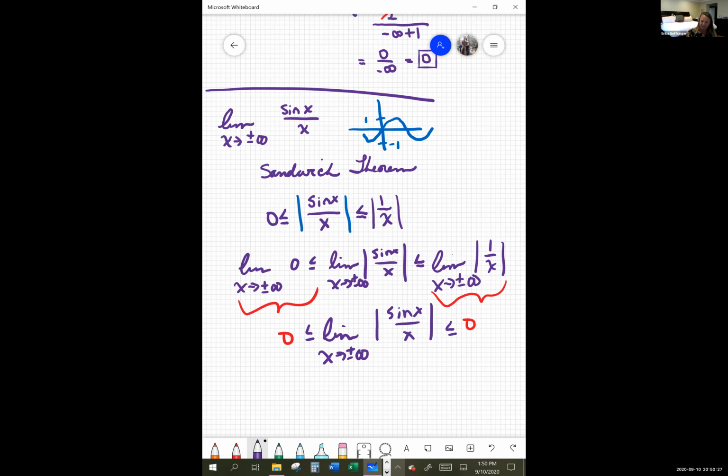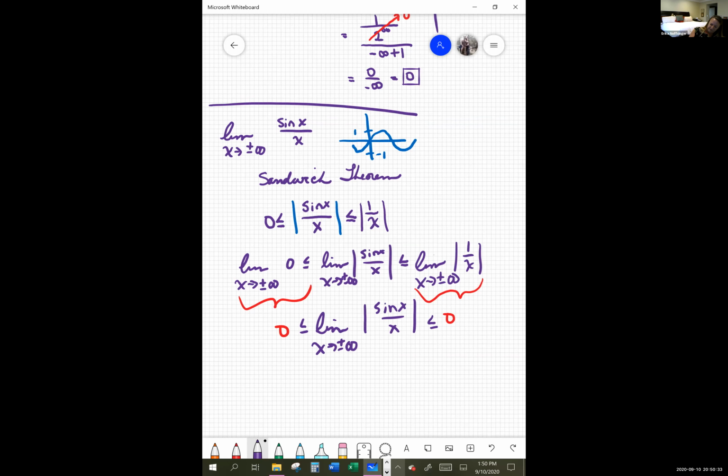And so we can say that this limit here then has to go to 0. So therefore, the limit as x goes to plus or minus infinity of sine x over x is equal to 0.